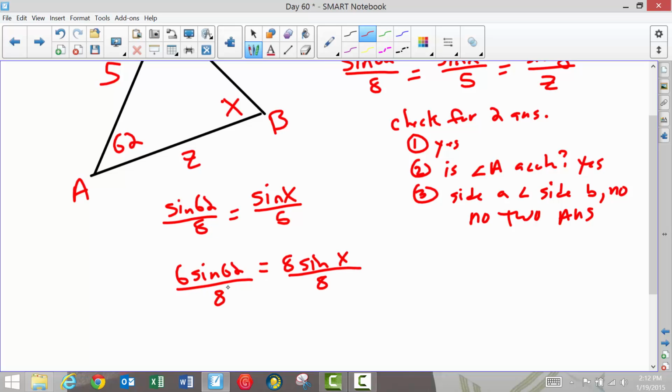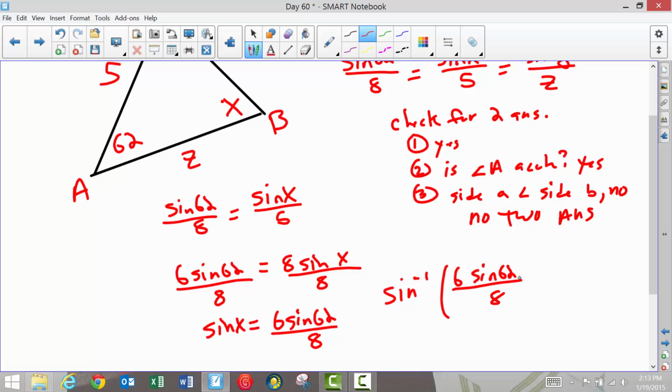Divide by 8, divide by 8. So I have sine x equals 6 sine 62 over 8. I'm solving for an angle, so you use an inverse in your calculator. So it's the sine inverse of the ratio, 6 sine 62 over 8.